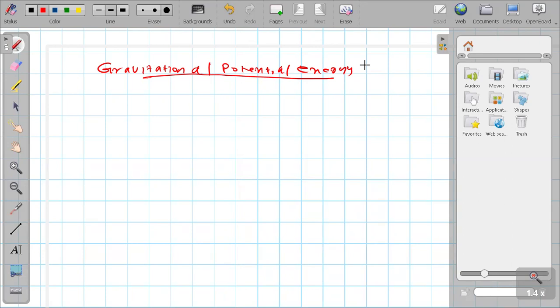I shared you the tute. So write the subtopic: gravitational potential energy. Right, okay.